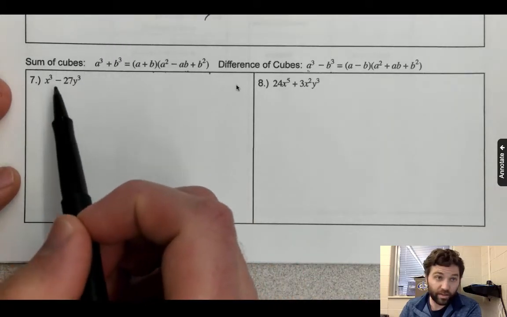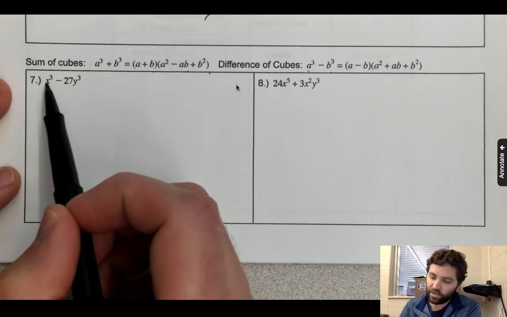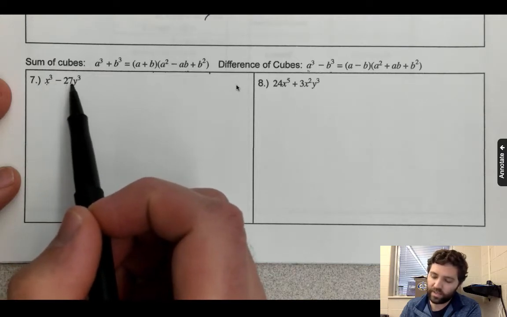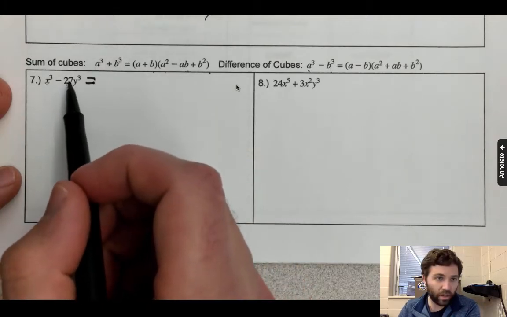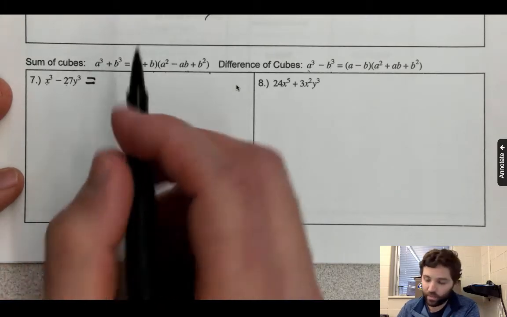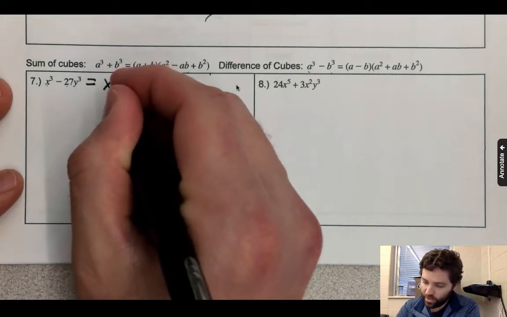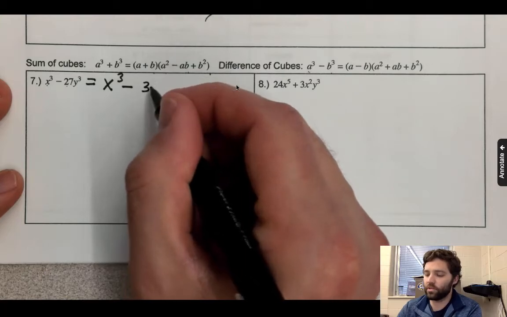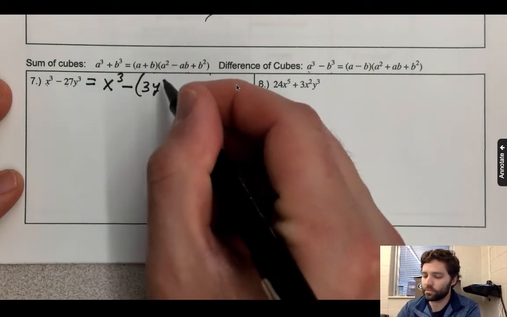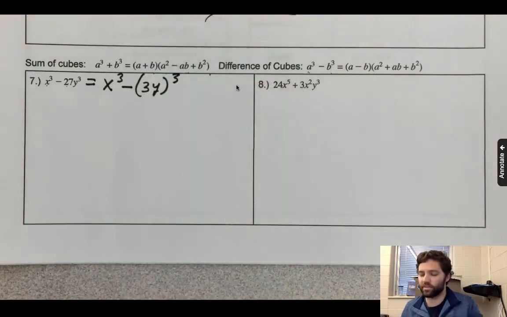So let's try that on this problem. So I can see that this is x cubed minus 27y cubed. It's not quite in proper form because we need to know what number cubed gives us 27. So x cubed is fine, minus, and it is 3 cubed that gives us 27.